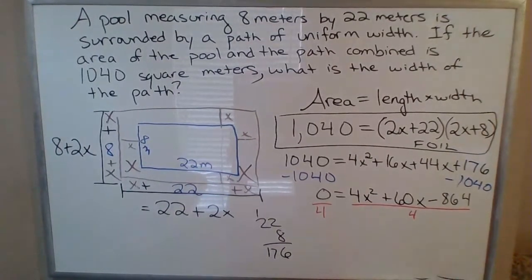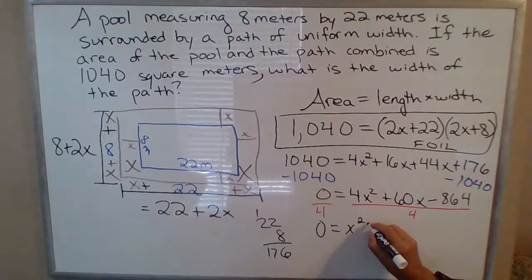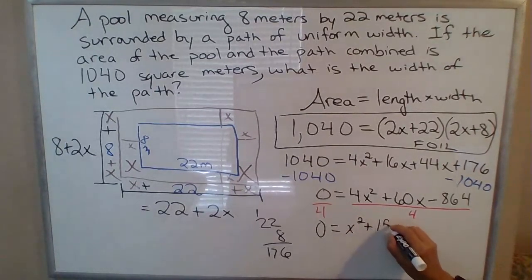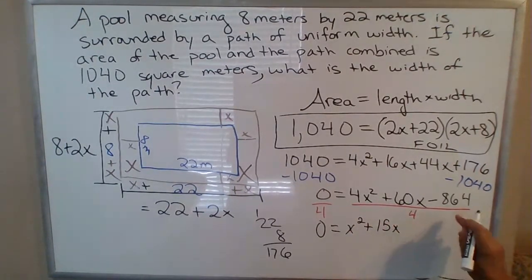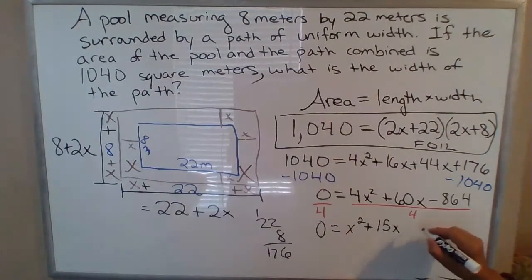That gives me 0 divided by 4. 4x squared divided by 4 will give me just x squared. 60 divided by 4 is 15. And then 864 divided by 4 is 216. So minus 216 here.